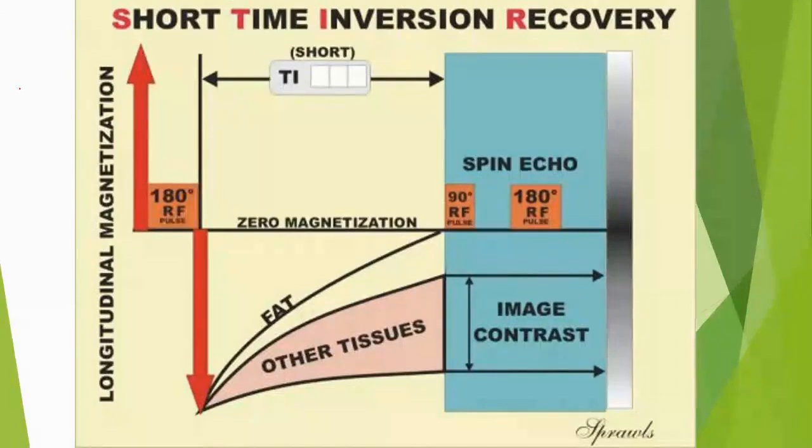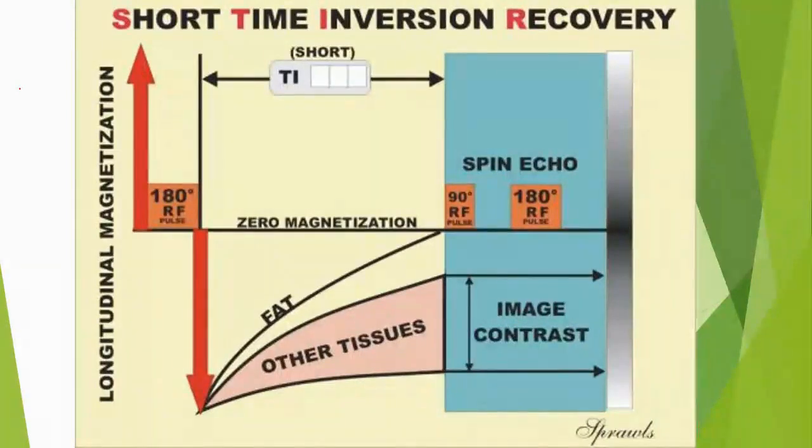I will do something nice. Instead of making it 90 degrees, which would place my Mz, the longitudinal magnetization, in the xy direction, I will keep it in the z direction, but in the negative direction below. So how do you do it? You give the flip angle, which is the angle you use to change the longitudinal magnetization.